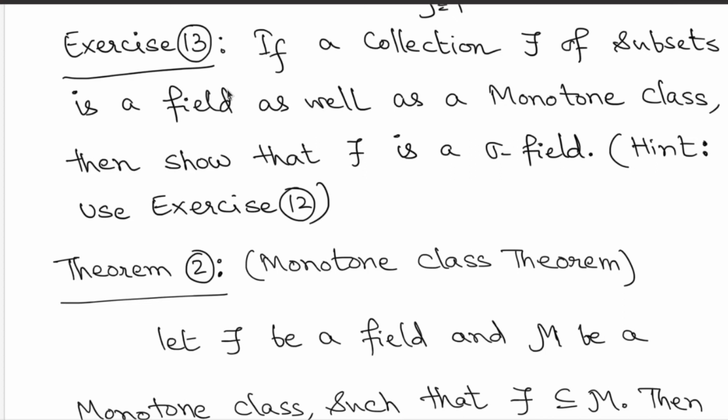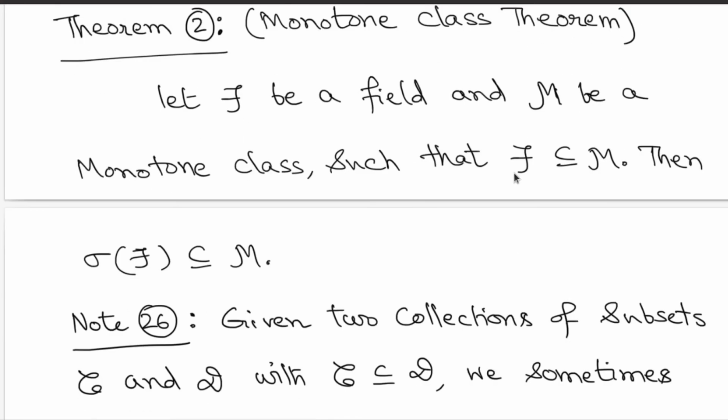So a field together with a monotone class implies you actually get a sigma field. A hint for this is to use the previous exercise that we have just discussed. And an important result follows these ideas, which is called the monotone class theorem. So let's come to this point.